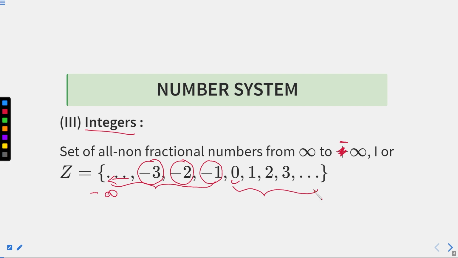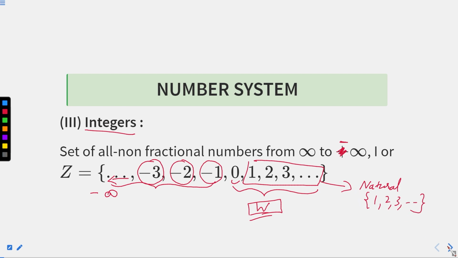So 0, 1, 2, 3 are all whole numbers, or one can say this is the set for natural numbers, that is 1, 2, 3 and so on. Okay, let's move.